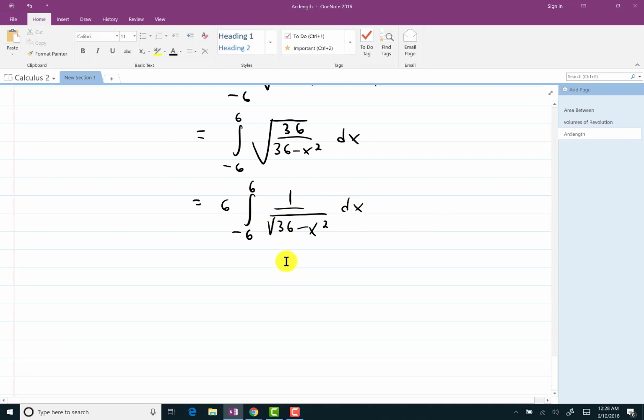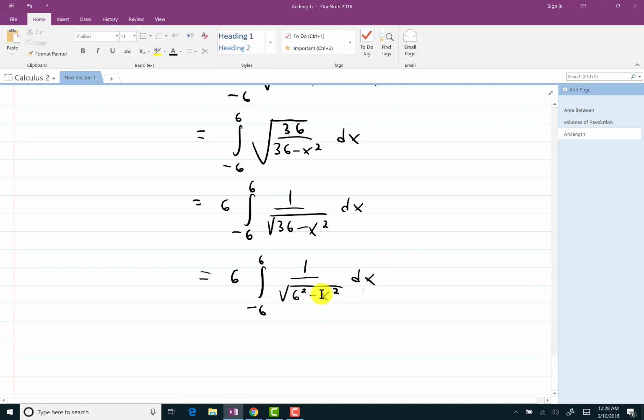Alright, when you're doing a problem like this, there are a variety of ways you should probably recognize what you're dealing with in this situation here. And what we have is 36 minus x squared. If you look in the back of your calculus book, they probably have a table of integrals. Or maybe you were supposed to memorize how this worked out.